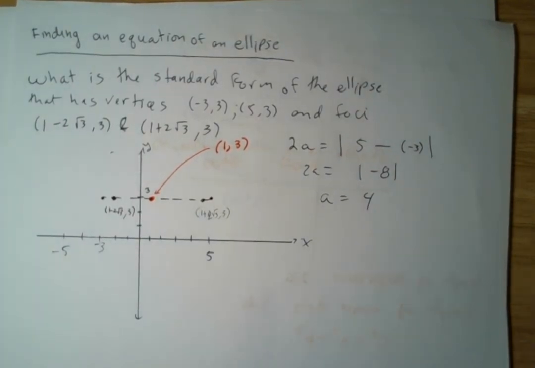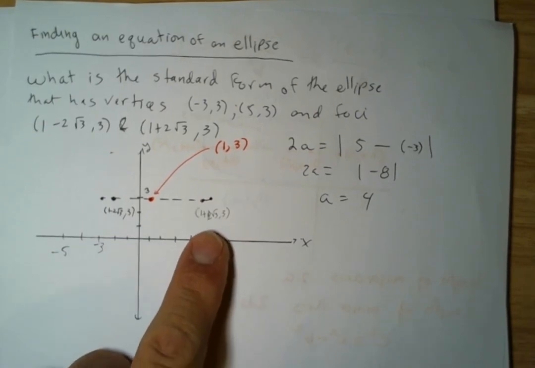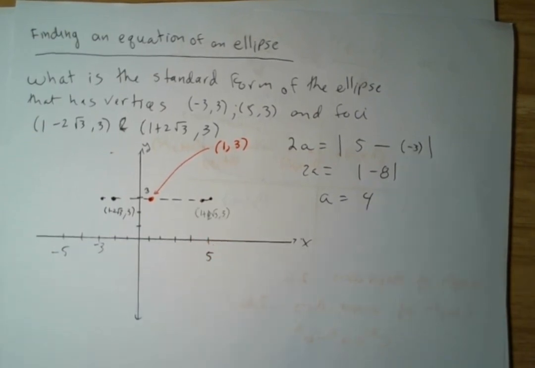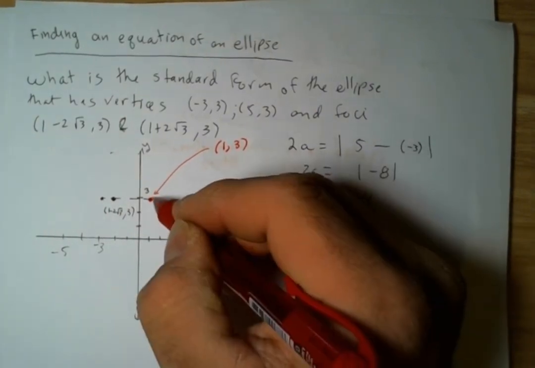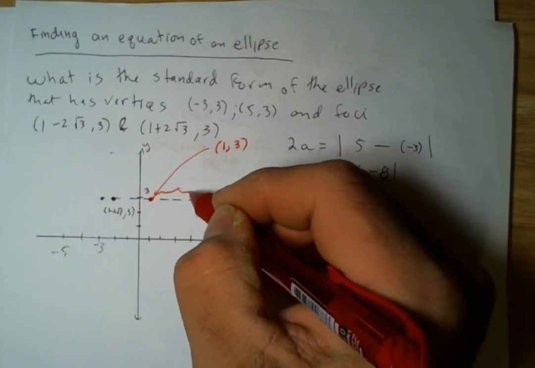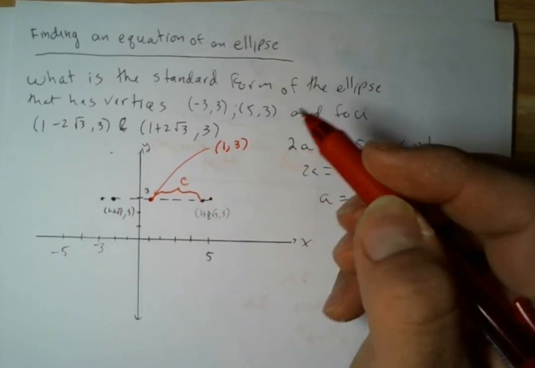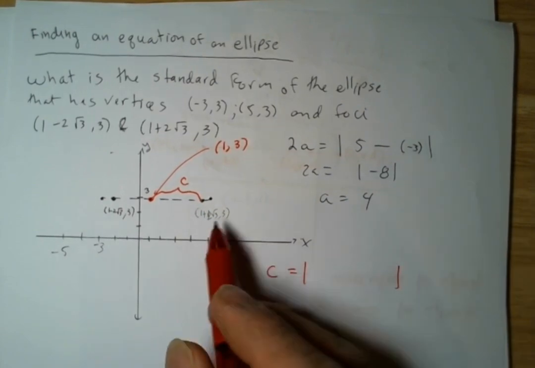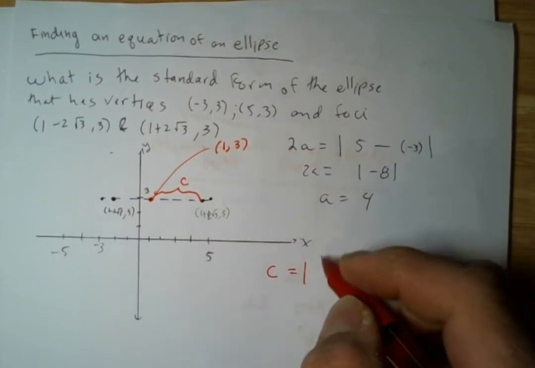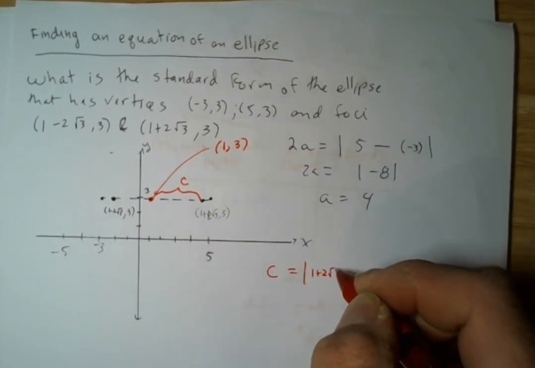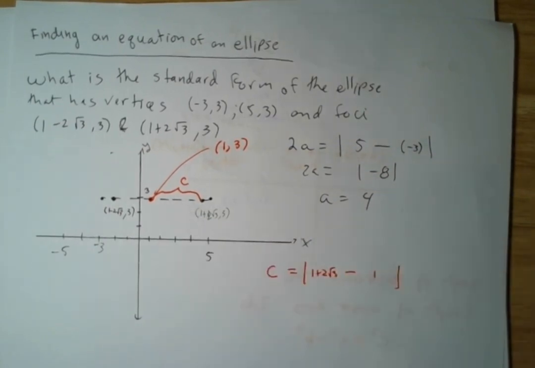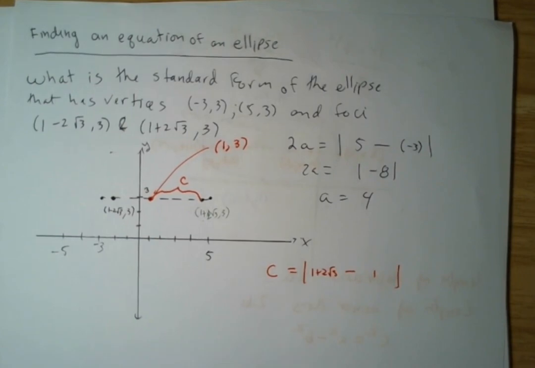So I have the center. I have my value of a. I don't have c. I know where the foci are, but I don't actually know the value of c. The value of c would be this distance here, and since it's a distance, we'll take the absolute value. Right endpoint, 1 + 2√3, minus left endpoint, which is 1, because we're moving only along the horizontal.